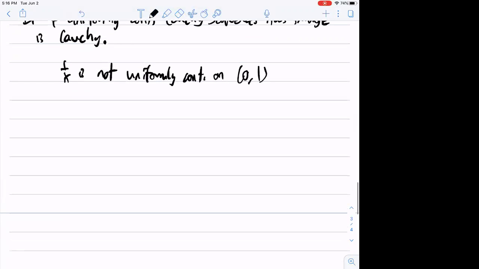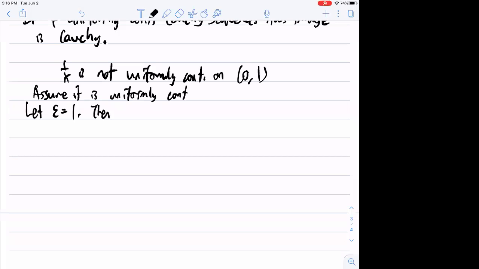So how do you prove it's not uniformly continuous on (0, 1)? Let epsilon be, I don't know, what number do you want? Let's do 1. Then assume it is uniformly continuous, right? Then there exists delta such that |x - y| < delta implies |1/x - 1/y| < epsilon.